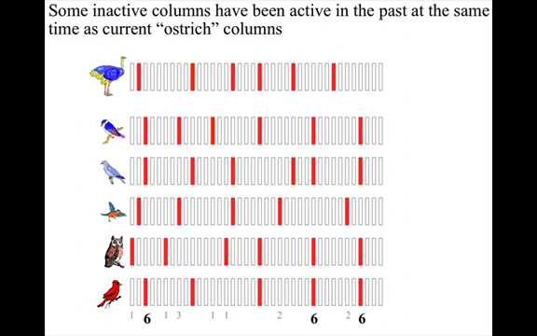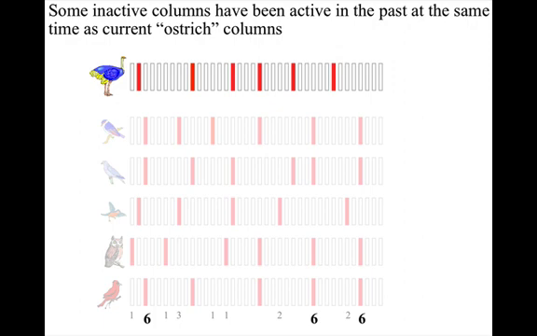So if you look at all the numbers, in this simple conceptual example, there are 3 columns that are not currently detecting their receptive fields, but could be recommended for indirect activation on the basis of frequent activity in the past at the same time as the currently active ostrich columns. So if there's a second stage of indirect activation, several more columns will be indirectly activated.